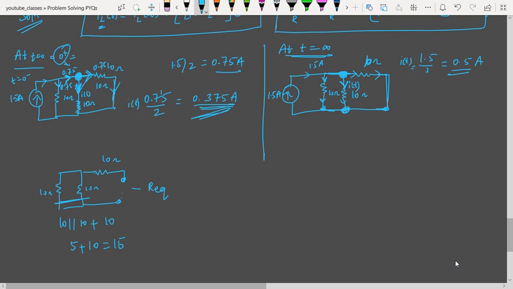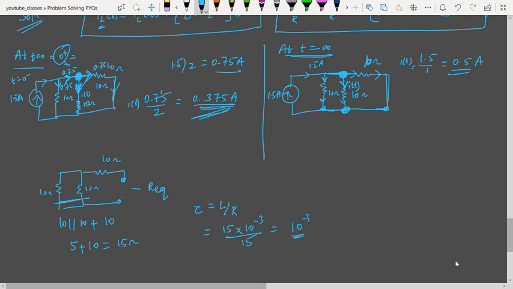Now we need to find tau equal to L by R. Inductance is 15 millihenries, so tau equals 15 into 10 power minus 3 divided by 15, which gives 10 power minus 3.